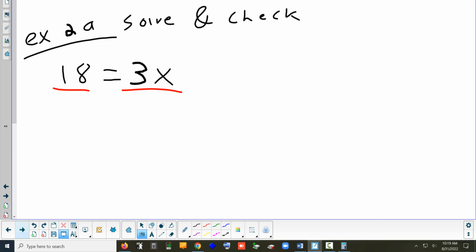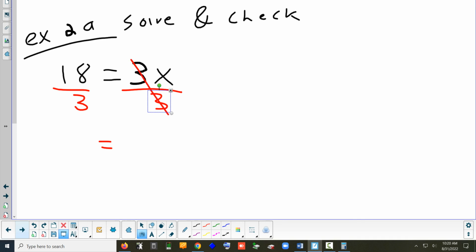And what do we divide by? Yeah, divide by the number that's attached to the letter. Divide by 3. Okay, Joe, when I do 3 divided by 3, what's 3 divided by 3? Think about if you had $3 and you give it to 3 people, everyone gets how much? 1.